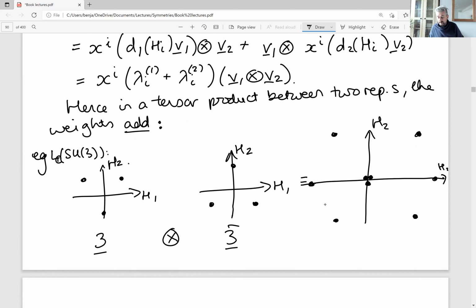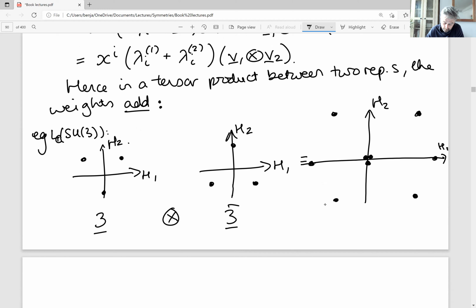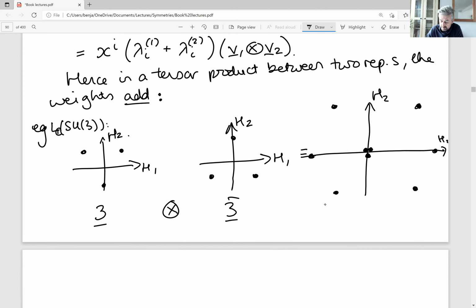Now, it's a hexagon that's larger than each triangle before. So this hexagon with 2 zero weights in the middle was the adjoint representation, the 8. And there's an additional 0 weight which is on its own, and that's the singlet representation. So a direct sum, the weights are just layered on top of each other with extra multiplicities.